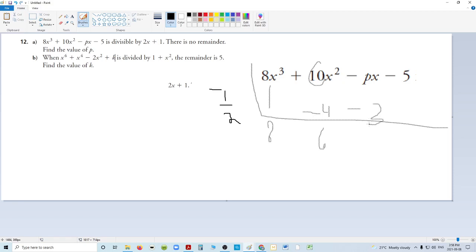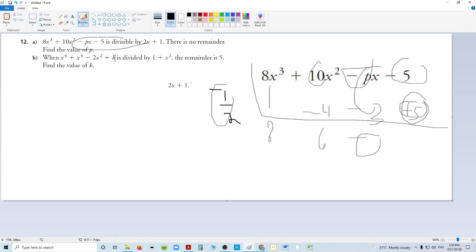Now here's the trick. Since we are looking for a value of 0 here, this must become plus 5 to make a 0 here. I'm going to multiply some number by negative a half to equal 5. Well, it's got to be a negative number, right?